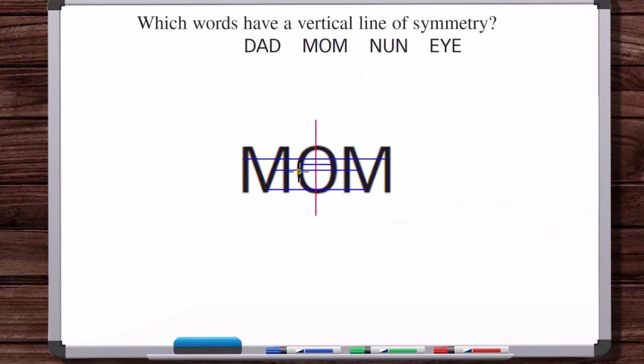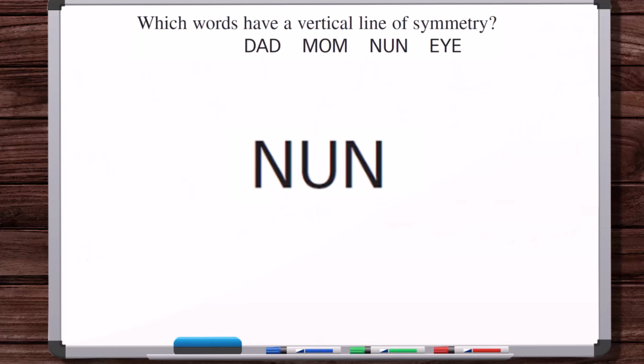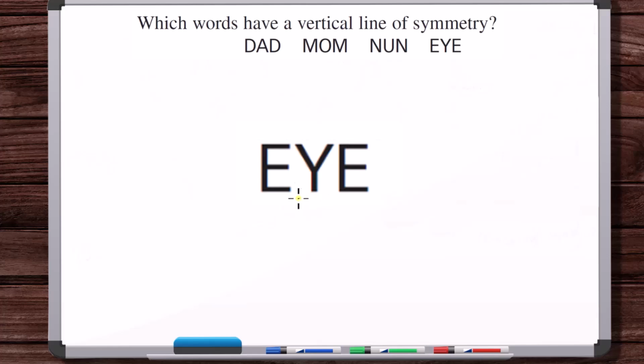Every point's going to have a corresponding point on the other side of that vertical line. We've got yes, yes, yes, yes, yes. That has a vertical line of symmetry. So, yes, yes, no. This does not. The word I, all capitalized, no.